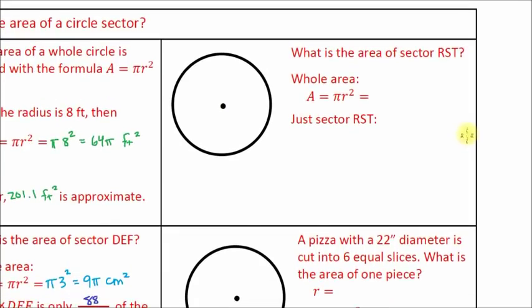So here's another question. What is the area of sector RST? We're going to have to draw some things in this circle first. So let's draw a couple radii. Let's draw one here, and we'll put one here. Let's label this as R. We'll label the circle as S, and we'll label this point on the circle as T. Let's say we're told that the angle measure of this central angle is 95 degrees.